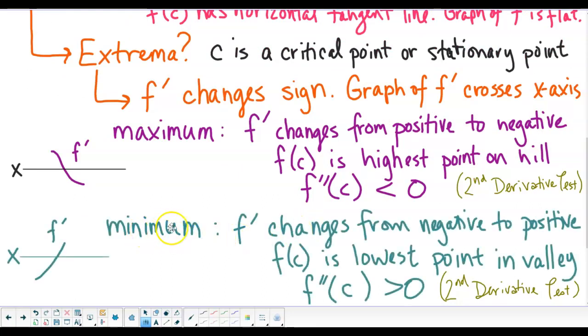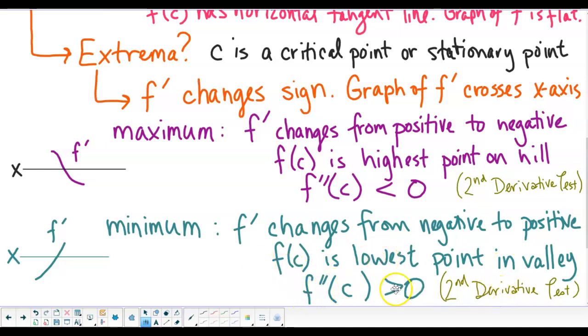Okay. Well, what if we have a minimum? What if the original function has a minimum? What do we know about the first derivative? The first derivative is 0, and it changes signs from negative to positive. So f prime changes from negative to positive. That would tell us that the original function at that point is the lowest point in the valley. So it would be a local minimum.